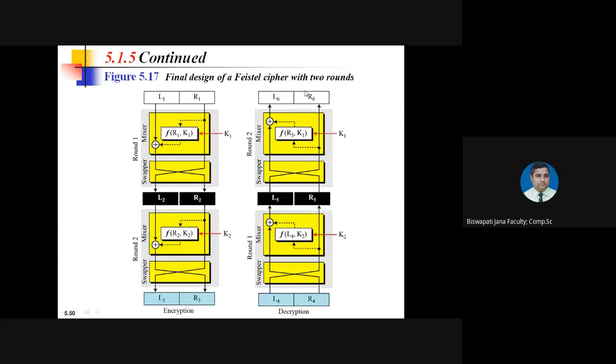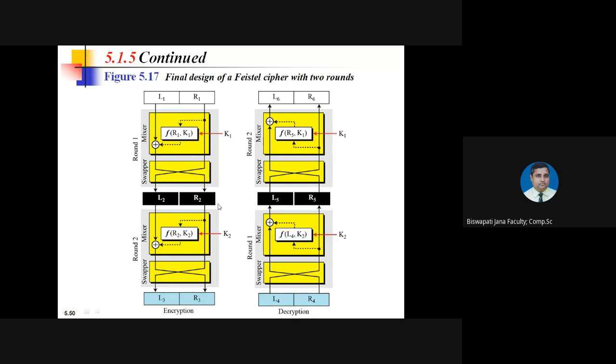So in this way, if you use two rounds, first we have L1 and R1. R1 goes to the function of R1 and K1. Then some bits will come out and XOR with the left hand side. Then there is a swapper.